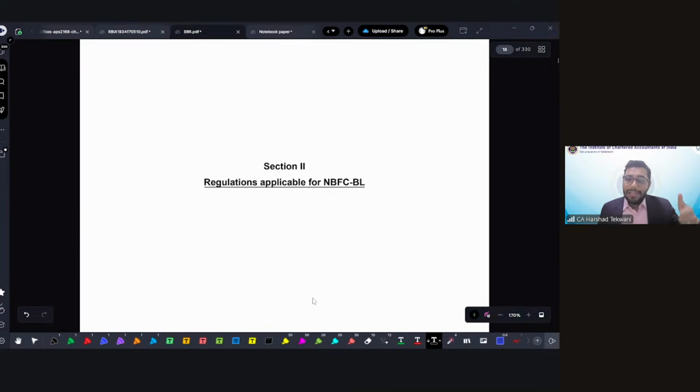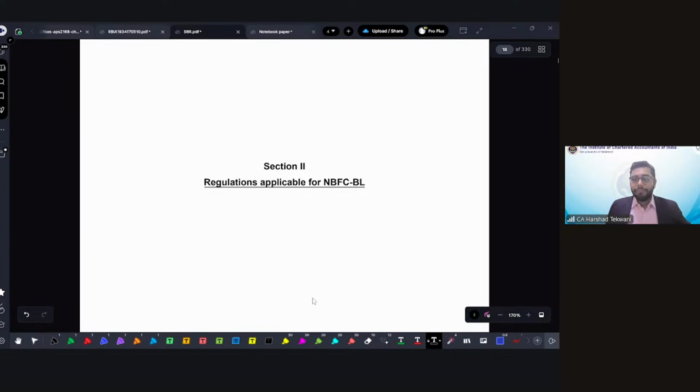Now we have only seen the definitions of non-banking financial institution, non-banking company, business of non-banking company, or net owned funds. We have not seen any other definition as of now, but now we need to see those definitions so that whenever we discuss that term, we will be able to understand what it means.